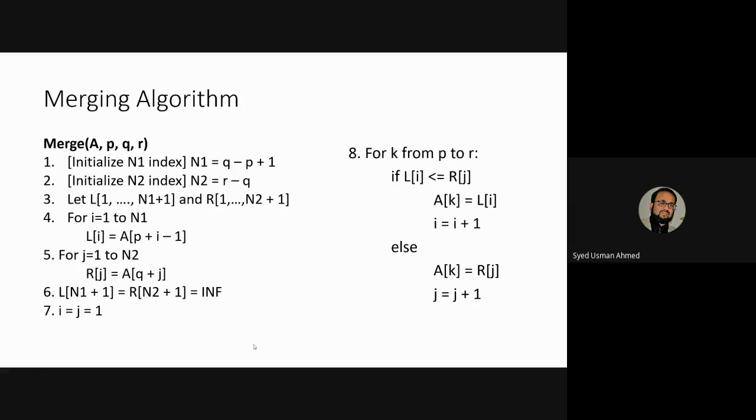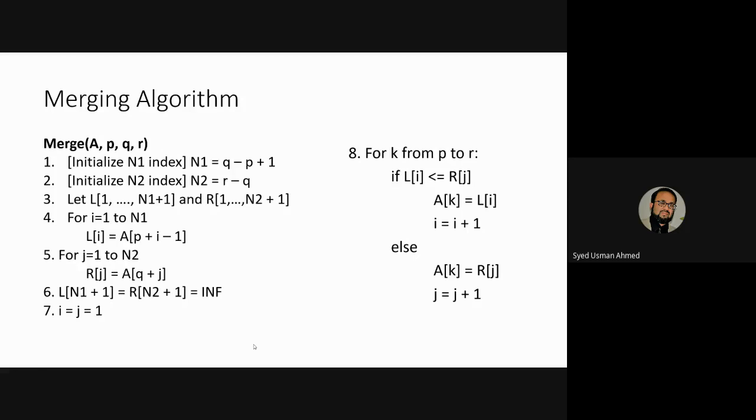Now we are done with the population of L and R. Now the last element, that is the n1 plus 1 element of L and the n2 plus 1 element of R, we have to populate with a bigger number which is called infinity. Here I mentioned INF. So till step 6, we have completely populated the two subarrays L and R with values and INF, right?